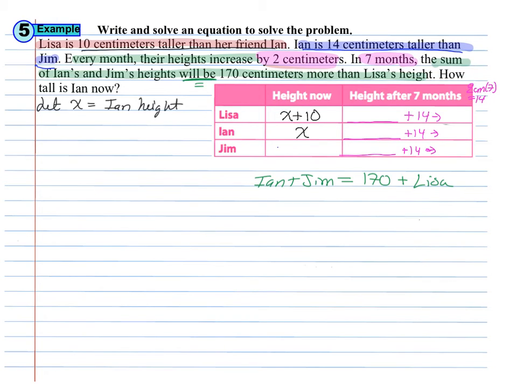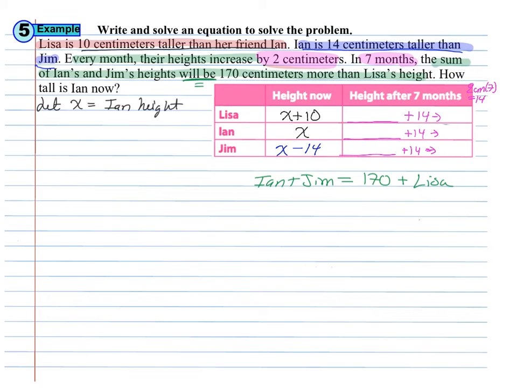If Ian is 14 centimeters taller, you don't want to go Ian's height plus 14 more, because that's not what we want. So what we're basically doing is subtracting, because Jim is 14 centimeters smaller than Ian. So that's our equation. Don't get confused on that little part, that blue part.